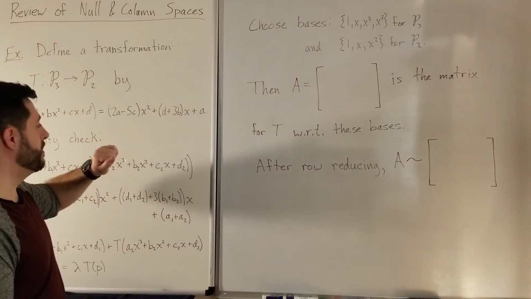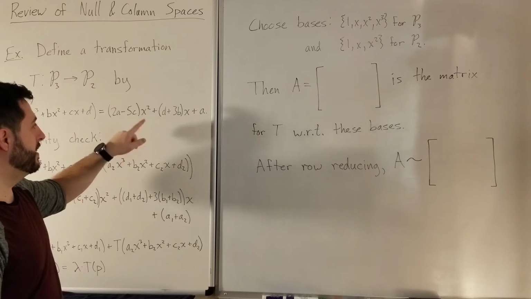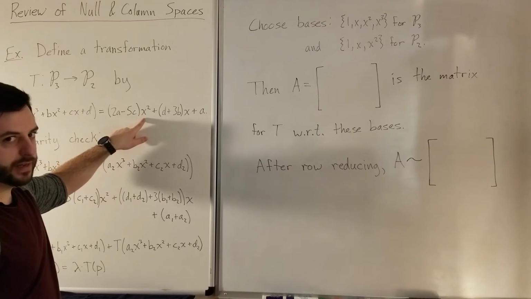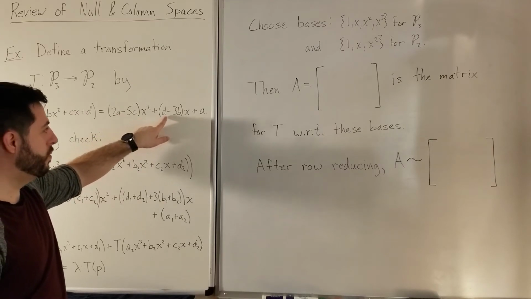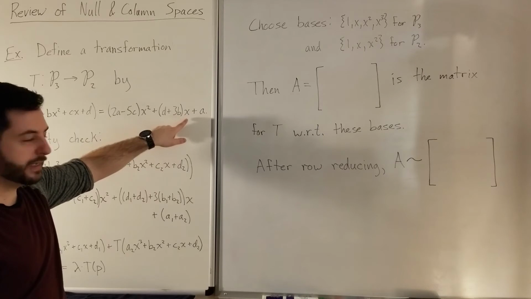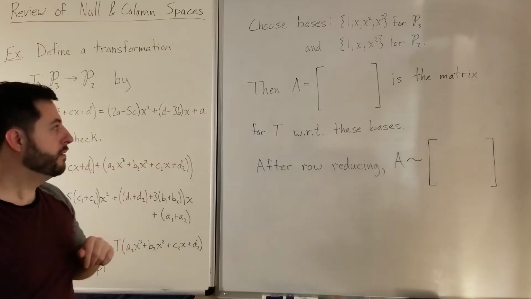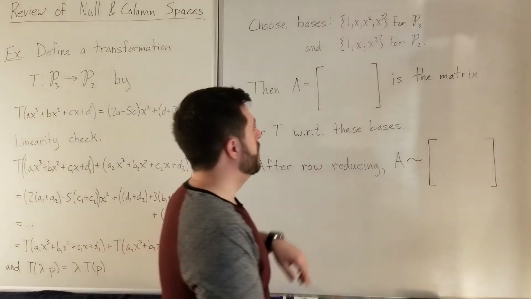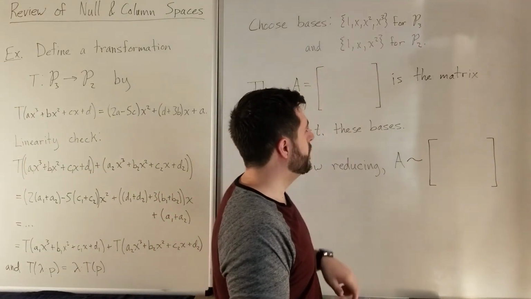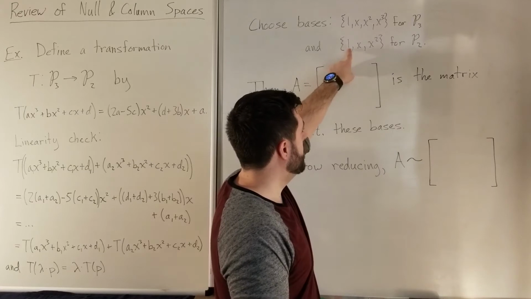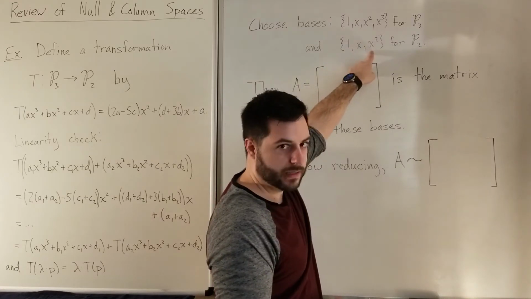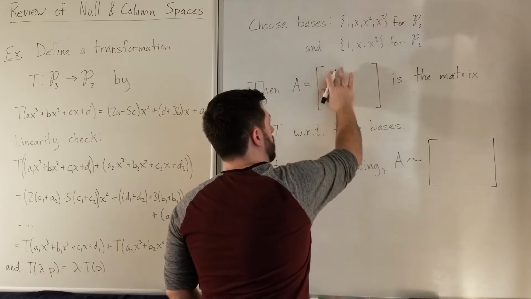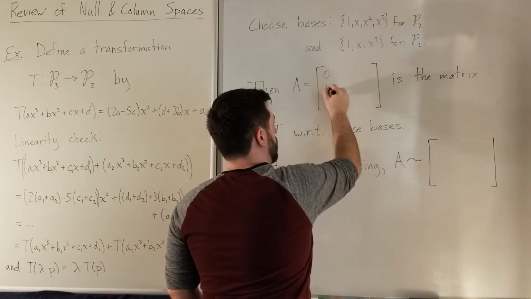Remember, a, b, and c are all 0 and d is 1. That's the same thing as saying 2 times 0 minus 5 times 0 x squareds plus 1 plus 0 x's plus 0. So in other words, we just have 1x. 1x, written in terms of the basis for the codomain, is 0 1's, 1 x, and 0 x squareds. So we can write that as 0, 1, 0.